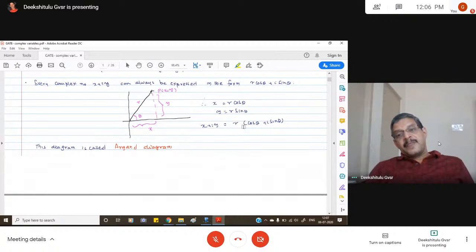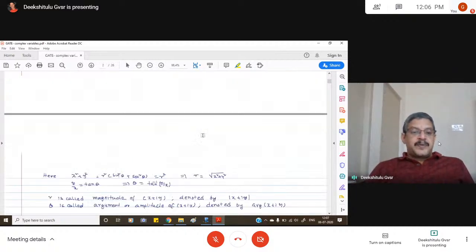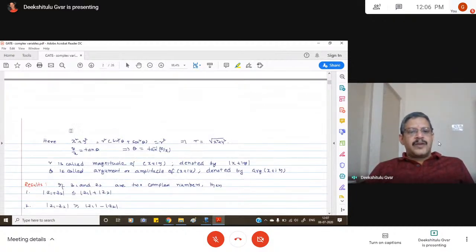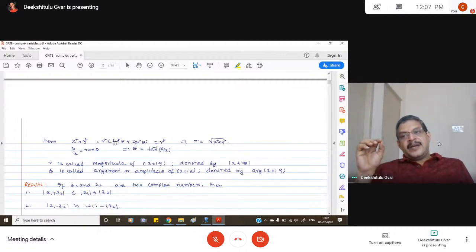So if x square plus y square is equal to r square, what does it represent? In basic geometry, it represents a circle with radius r. If r is a constant, then x square plus y square is equal to r square represents a circle equation, and (x, y) is a point on the circle.